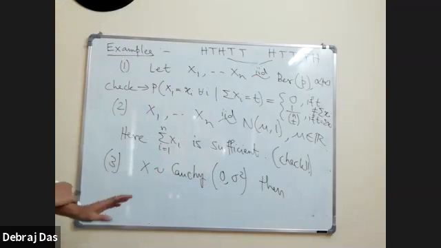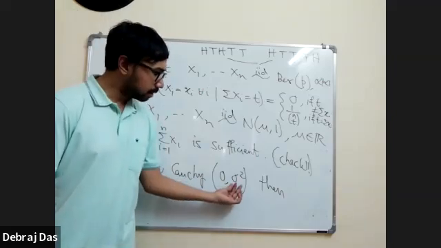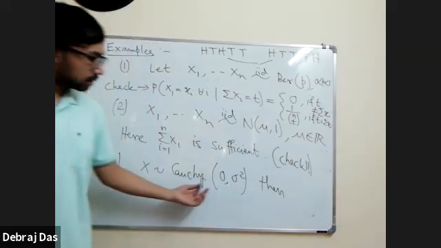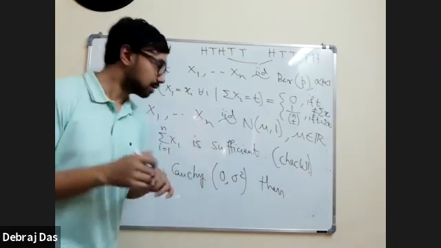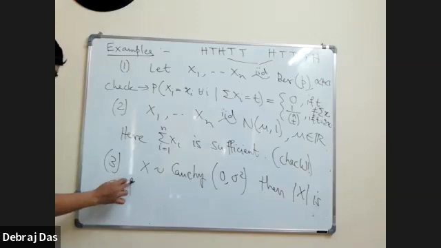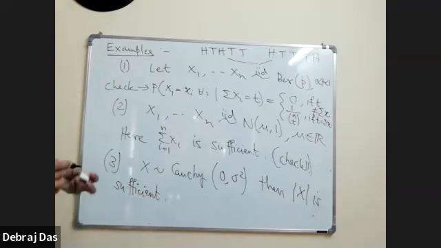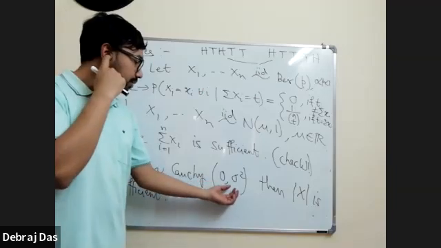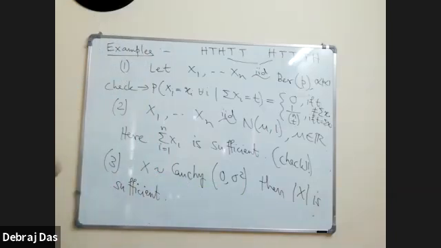But my point is that here the distribution is symmetric, right? Since this is symmetric, if you want to say something about the scale, then you do not need the sign of x. You only need the absolute value of x. So this absolute value of x is sufficient. Whenever you want to infer about sigma square, the sign is not important.